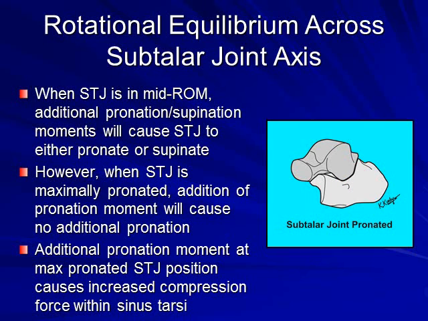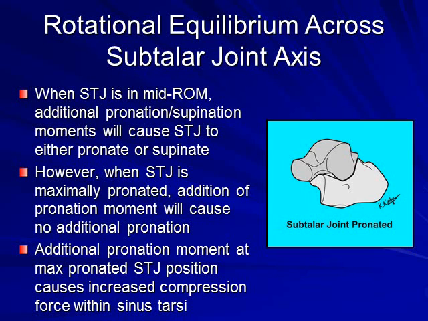So as pronation moment is increased, we are going to get an increase of this interosseous compression force. And from this maximally pronated position, if we decrease the pronation moment, we are going to get a reduction of that interosseous compression force between the lateral process of the talus and the floor of the sinus tarsi of the calcaneus.